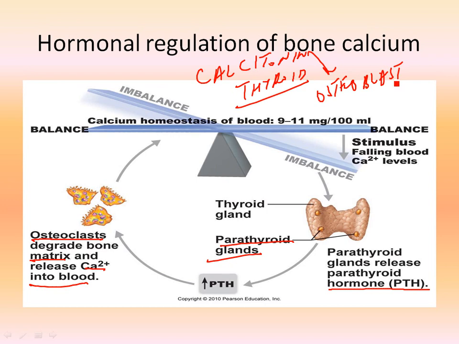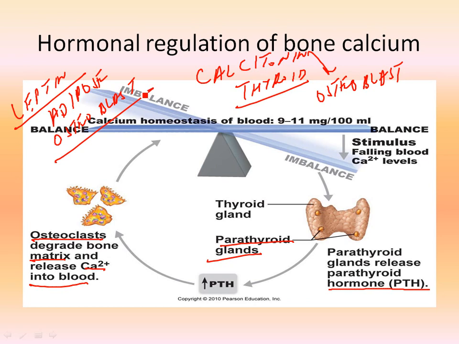Another hormone called leptin, which is released by the adipose tissue, also inhibits the osteoblasts. Therefore, the bone matrix forming ability is suppressed.